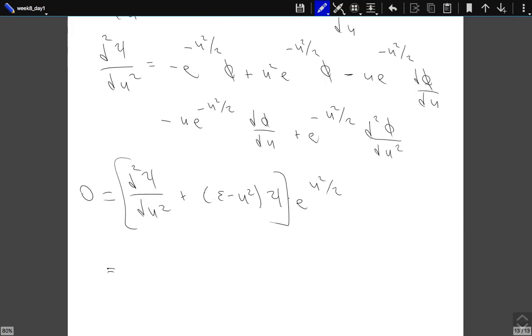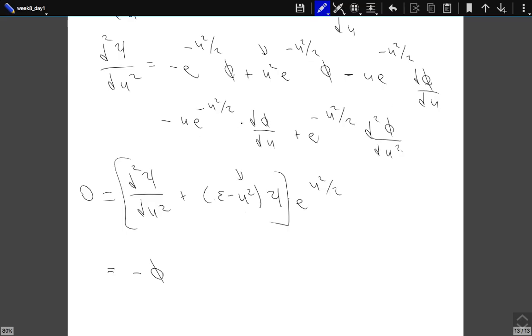This is equal to, well, let's start with the first term, minus phi. I'm writing the second derivative, the first term. Now the second term, you see the second term is u squared phi, but here I have a minus u squared phi. They will cancel. So this term will be cancelled by this term over there, so I don't write it down.